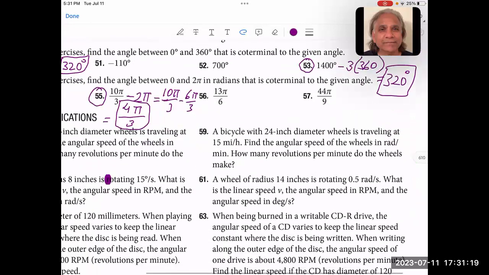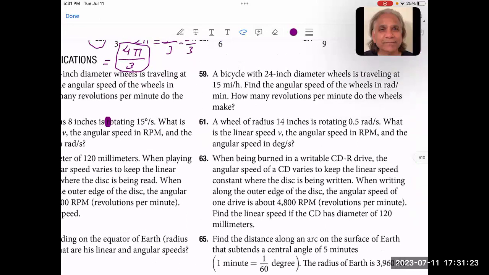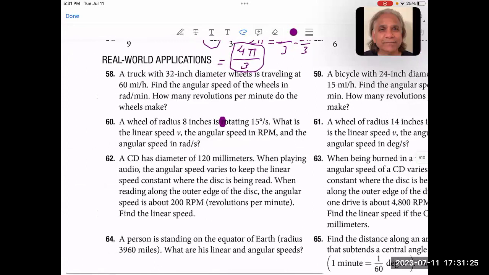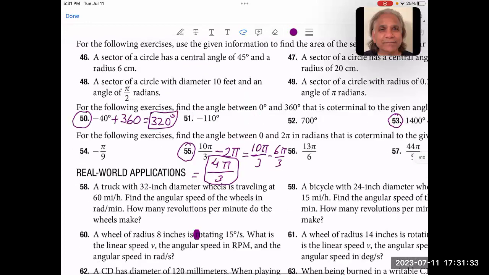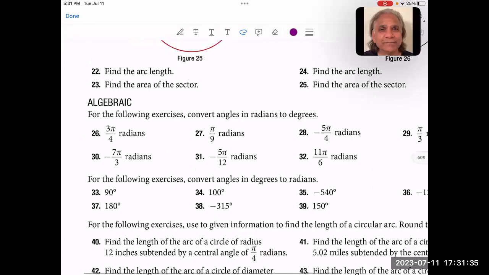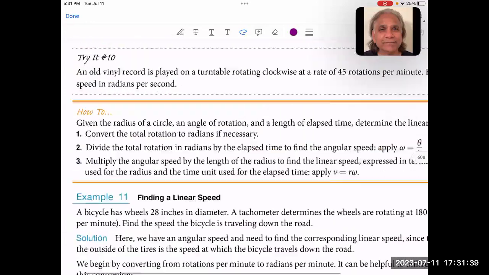The next topic in this section has to do with rotational motion. I'm going to give a little bit of basics and then do a few problems.